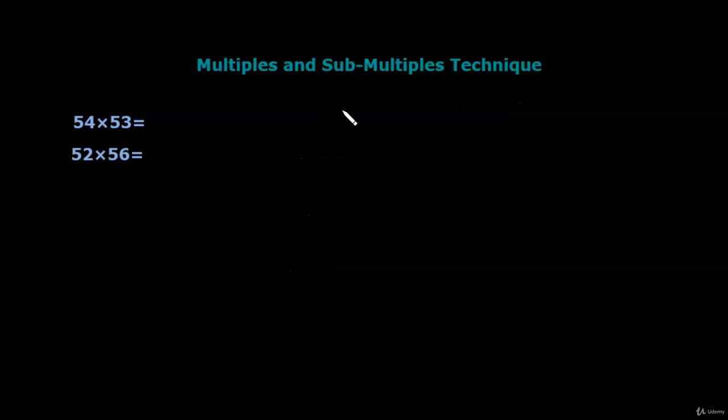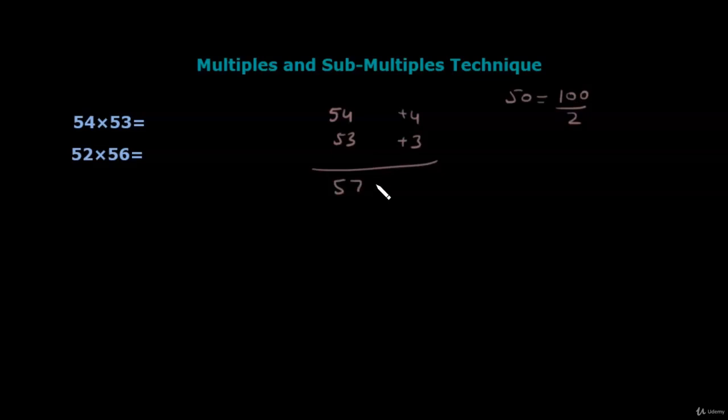In the first case, this is 4 more than 50 and this is 3 more than 50 and we are taking base as 50, but 50 can be 100 divided by 2. So first part of the number is 57 and the second part is 12. Now because this is 100 divided by 2, base is divided by 2. So we divide this number by 2.